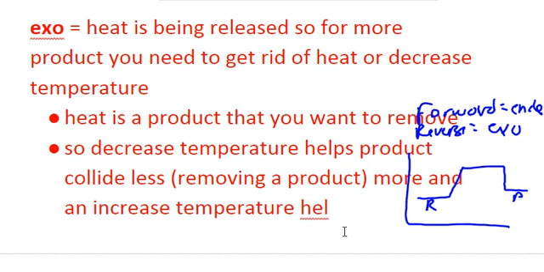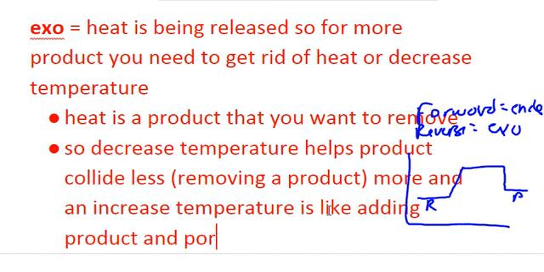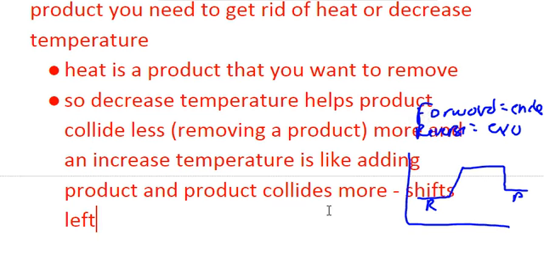And an increase in temperature is like adding product and the product collides more or shifts left, which we rarely are looking to shift a reactant left. We're always looking to shift it right. We're always coming at it from that angle.